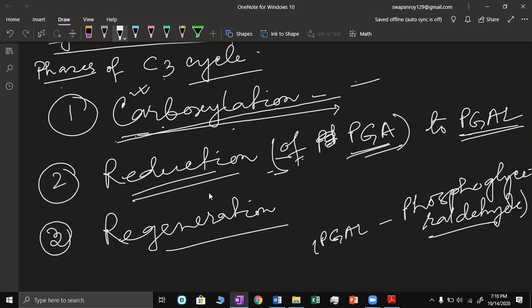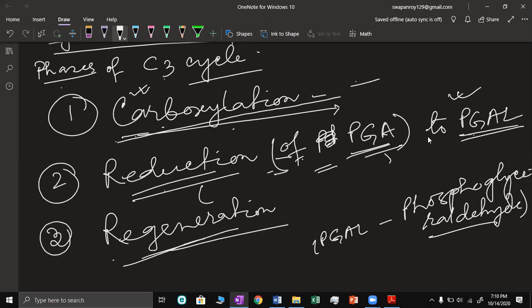In this reduction, the assimilatory power, NADPH2 and ATP, are consumed. So this is what happens. Of course, I will show you the cyclic path. So now let's see only these things.